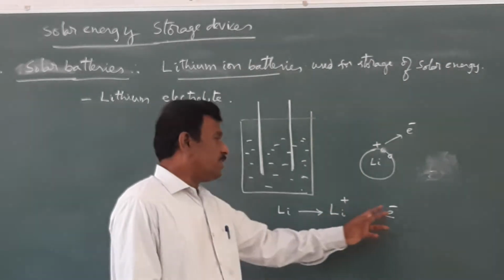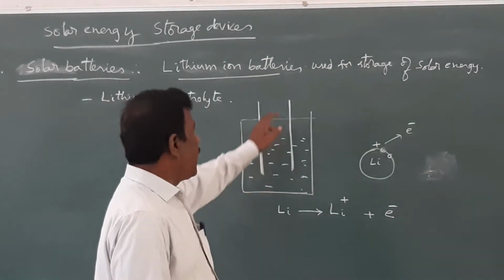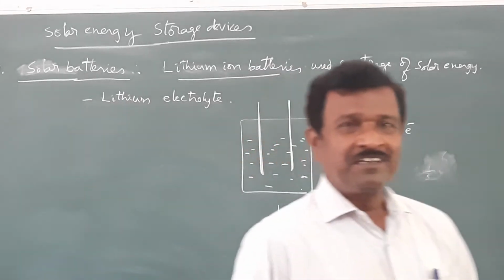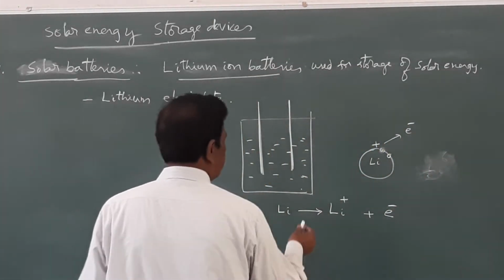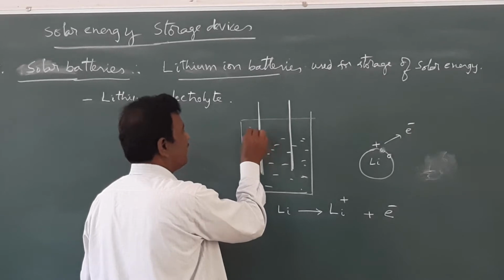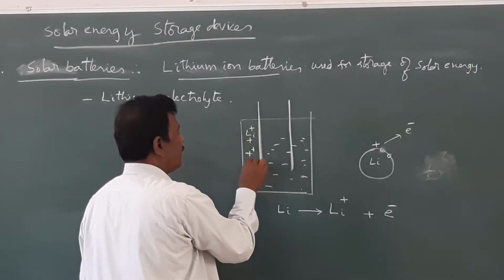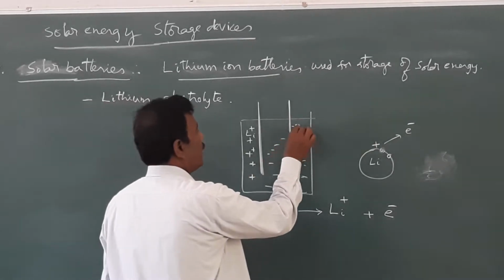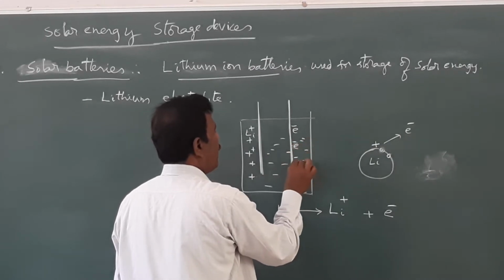This process of dissociation takes place as long as the solar energy is stored inside the batteries. Therefore, all lithium plus ions will be collected at one end of the battery, whereas negatively charged electrons will be separated at the other end.